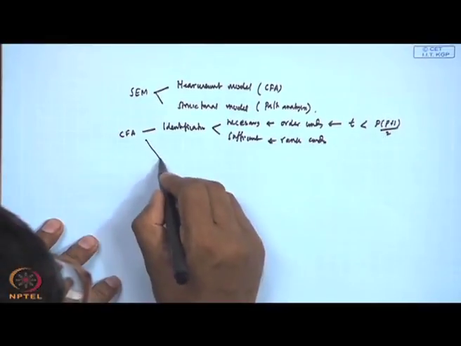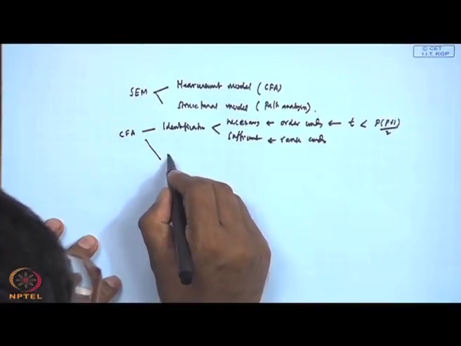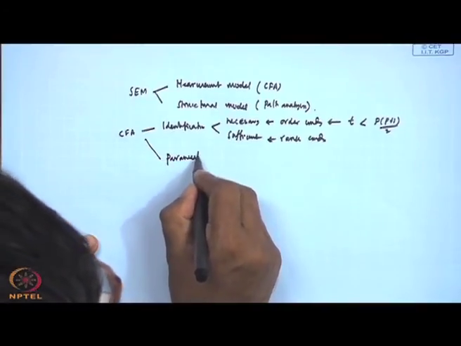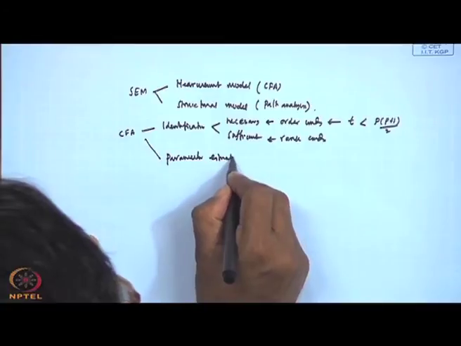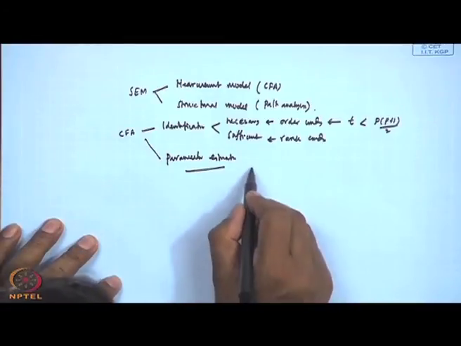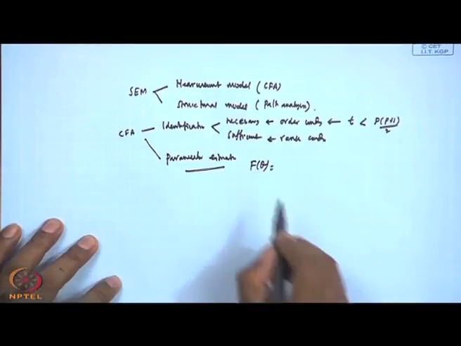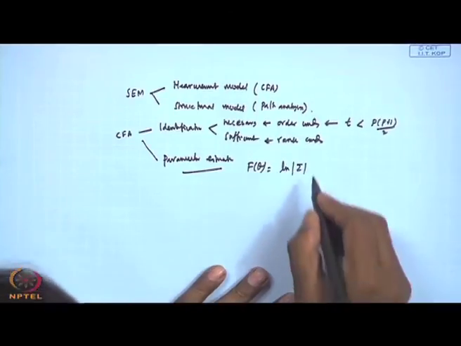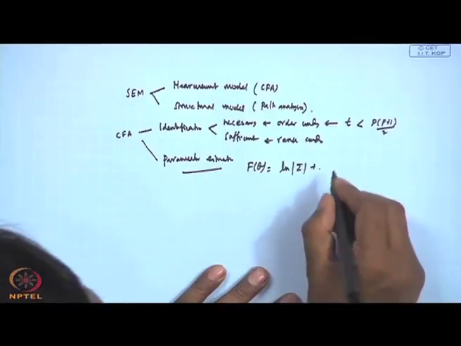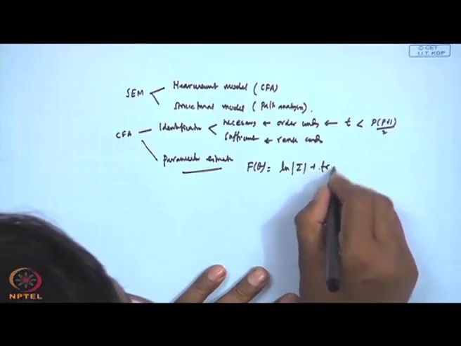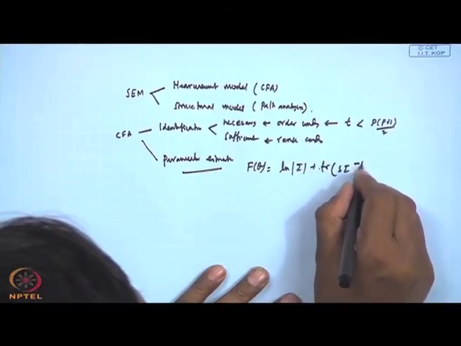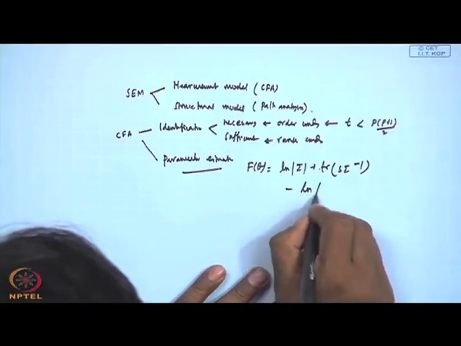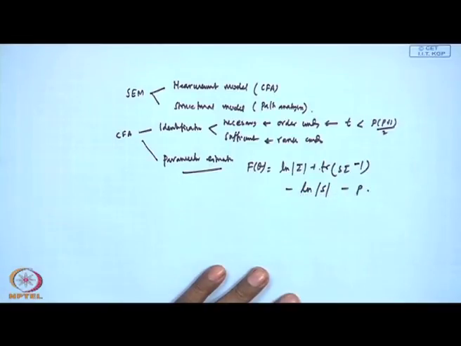Then we have shown you the parameter estimation. I said that in parameter estimation you minimize a function, which is log of determinant of sigma plus trace of S sigma inverse minus log of determinant of S minus p.